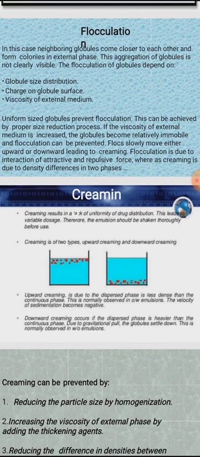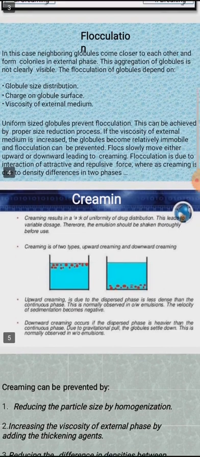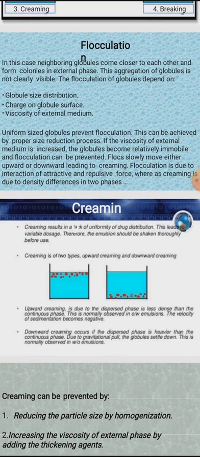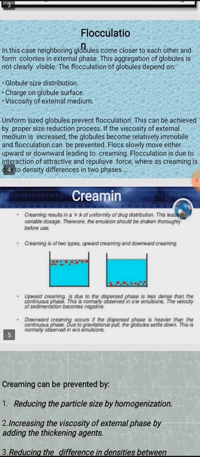One is the internal phase, another is the external phase or dispersion medium. The neighboring globules come closer to each other and form colonies, but to the naked eye this aggregation of globules is not clearly visible.